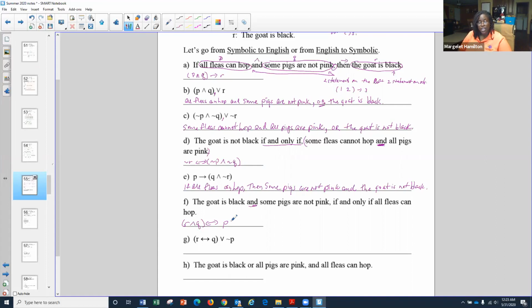All right. G. You see we're leading off here with some parentheses, and you have R, if and only if Q, close parenthesis, or not P. So our R, the goat is black, if and only if Q is some pigs are not pink.